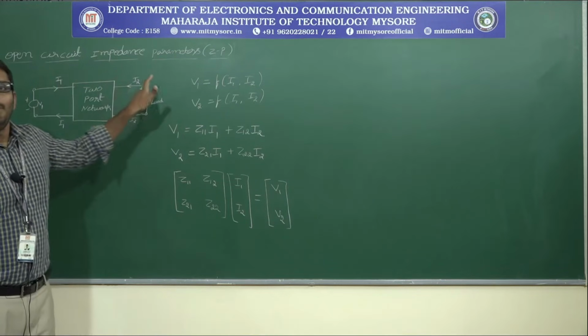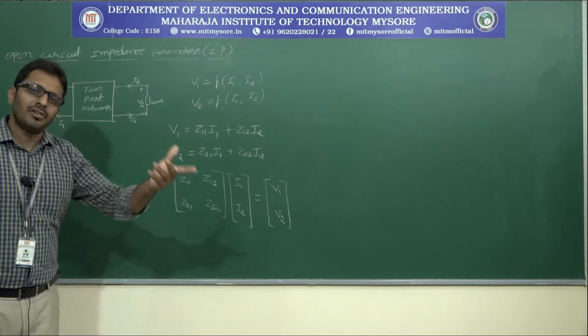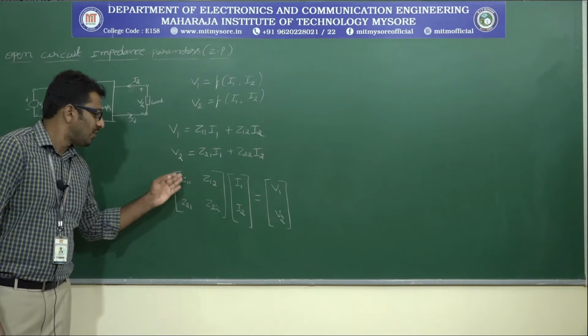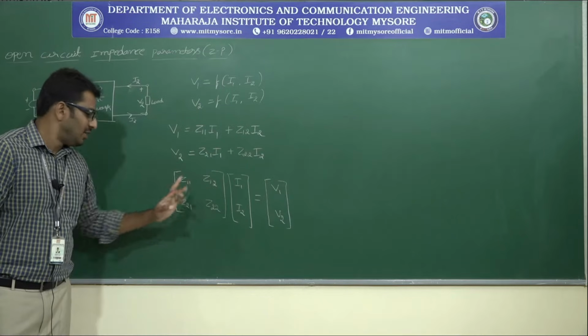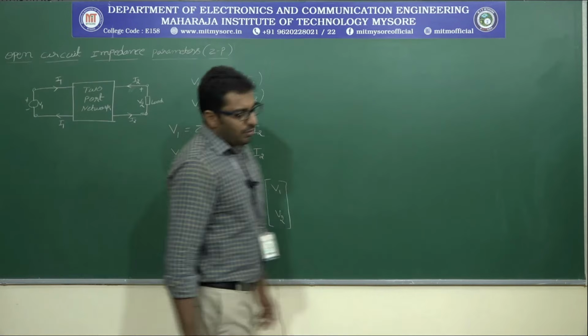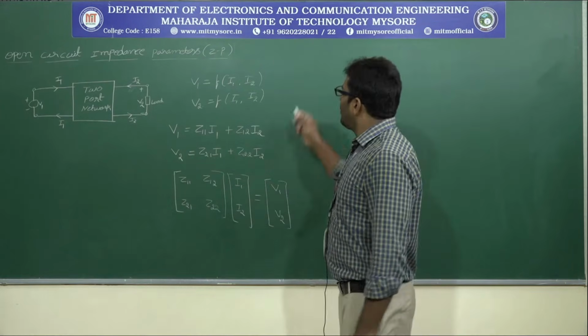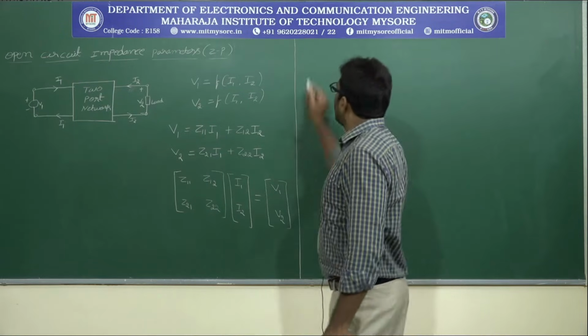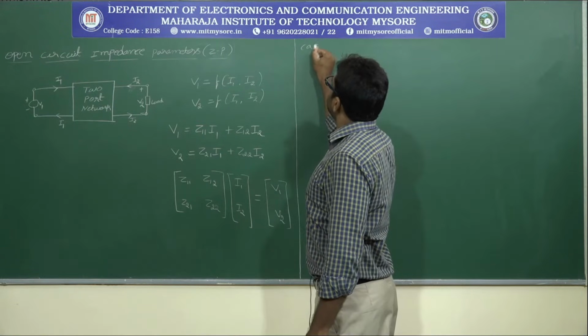Open circuit impedance parameters. Now we are going to derive the expressions for Z11, Z12, Z21, Z22. Is it clear? Now in order to obtain these parameter expressions, first let me consider case 1.